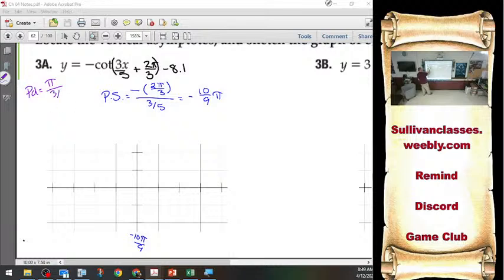B is currently 3/5, so 5 pi over 3. 5 pi over 3, remember, gets cut in half to make the asymptote, x-intercept, asymptote. So my half marks are going to be 5 pi over 6.